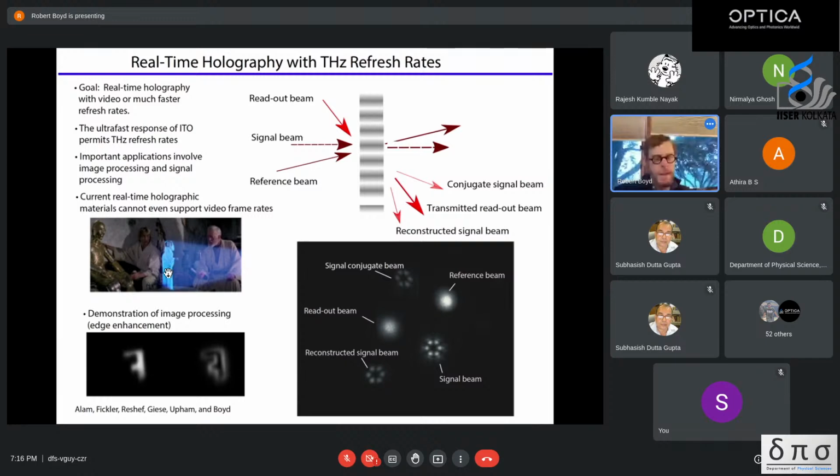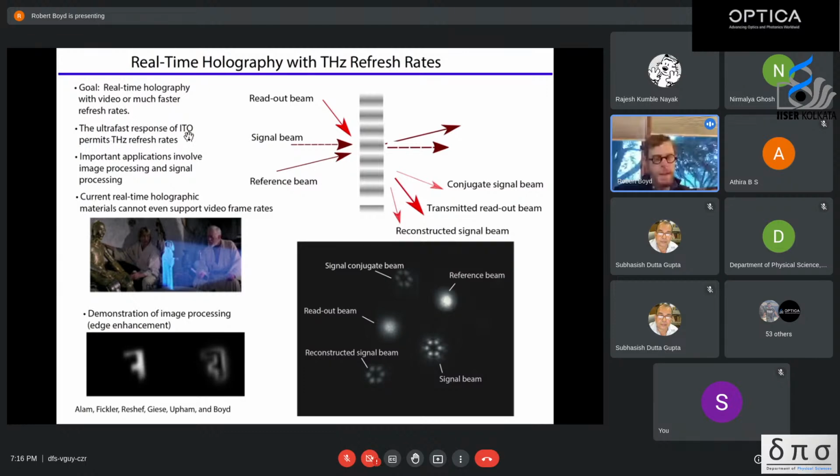The point I want to make is that with today's technology, we do not have holograms that can be refreshed at a video rate. The holographic materials are too slow. So our goal is to do real-time holography with video or much faster refresh rates.